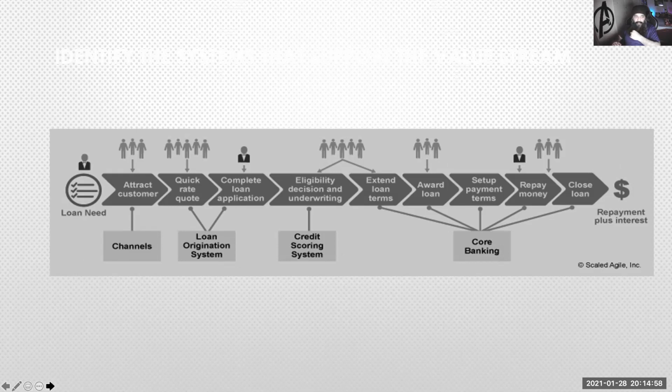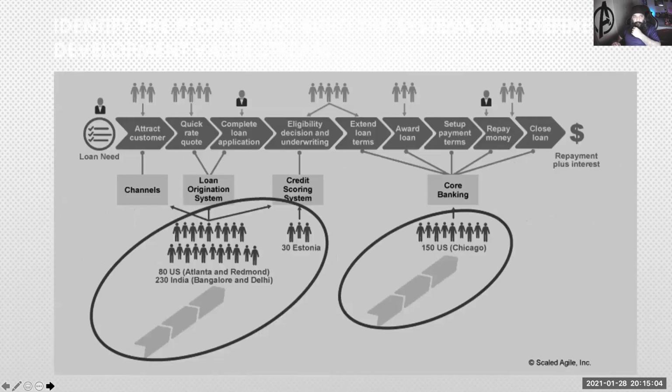So what you're seeing right now here is what we call the operational value stream, right? And in order to support this operational value stream, you can actually have what we call the development value streams, right? Why? Because in order to build these systems, you again need people coming together, right? So here is an example where, in order to build the channel sales, the loan system, or the credit scoring system, possibly we are talking about about 80 people in the US working on it, right?